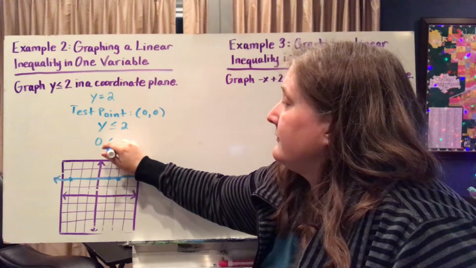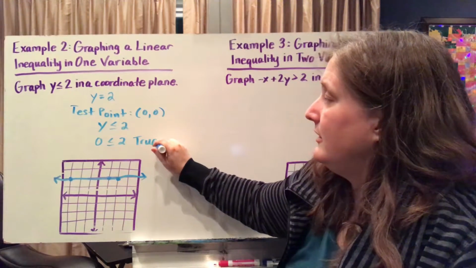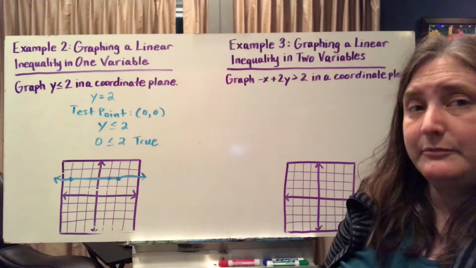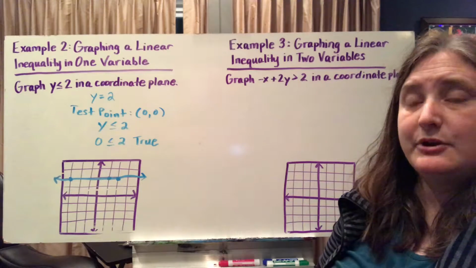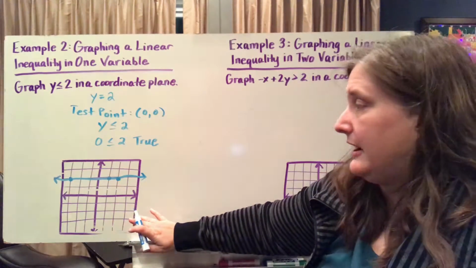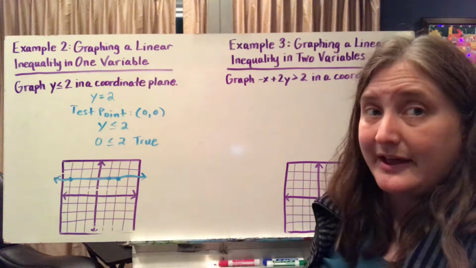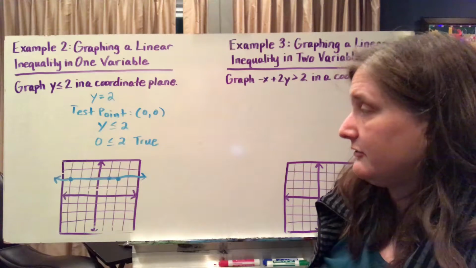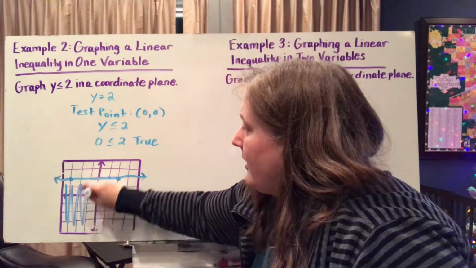So 0 is less than or equal to 2. This is true. So if my test point works as a solution for my inequality, I'm going to shade the half plane with that test point in it. Everything below this line, including things on that line, since it's a solid line, are solutions for this inequality. So I'm going to shade this entire area.